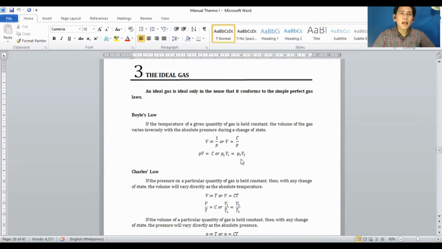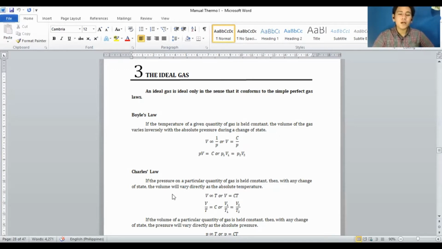There are certain types of problems that involve the final and initial pressure and volume. So if you are given the initial and final pressure and volume, you have to use this equation.